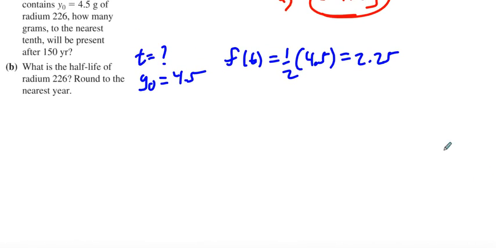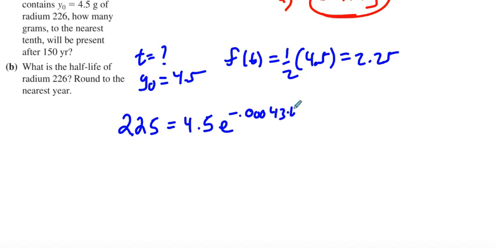So 2.25 is equal to 4.5 times e to the negative 0.00043t. First I'm going to divide by 4.5, and you'll see these are the exact same steps we've been doing in previous problems that look just like this.